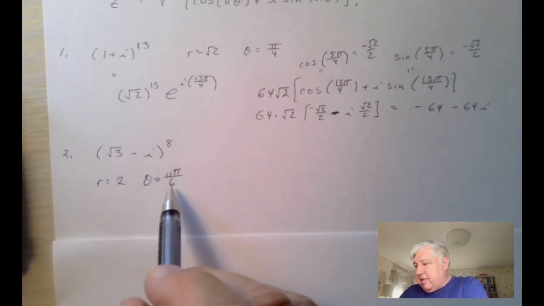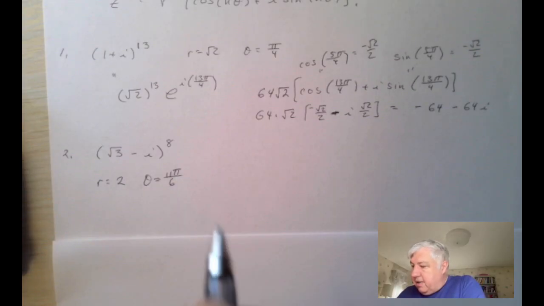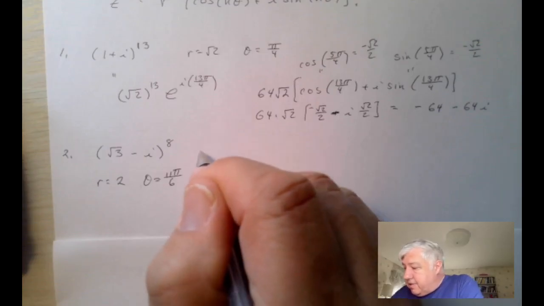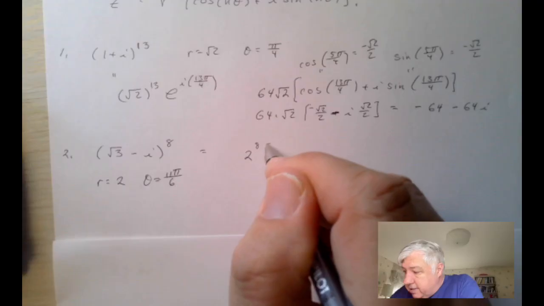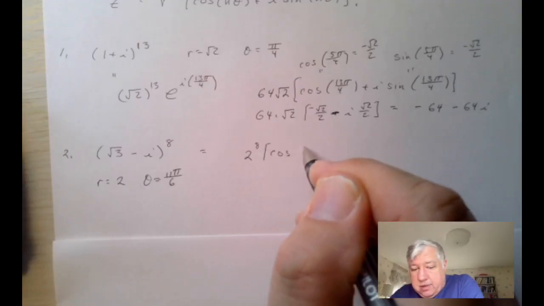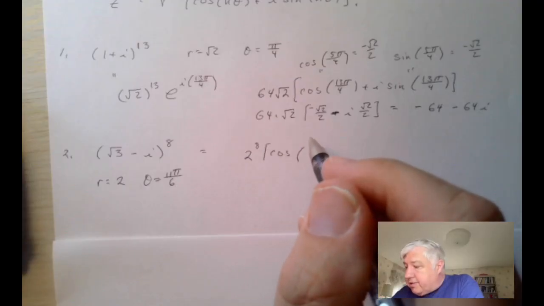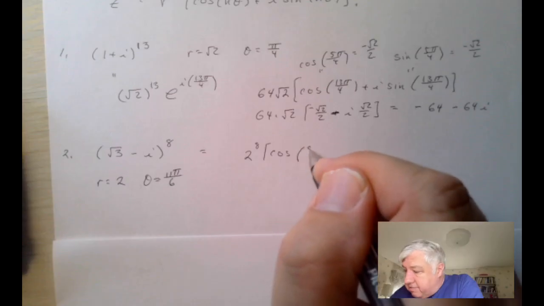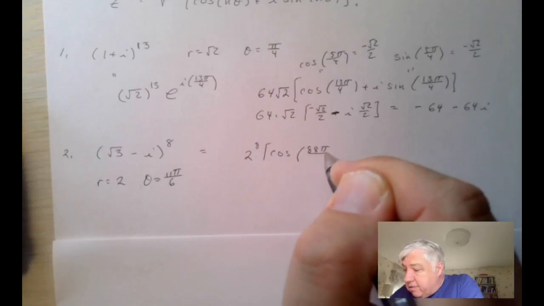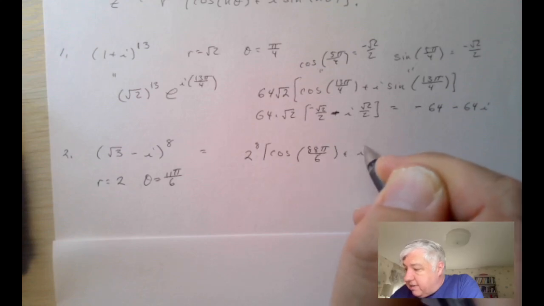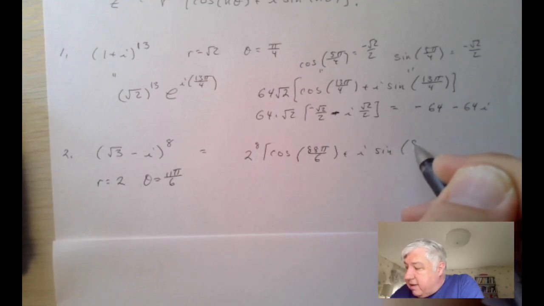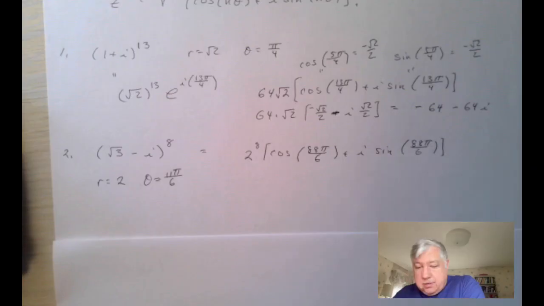But let's keep 11 pi over 6 here. And so this is going to be 2 to the 8th power times the cosine of, okay, so we're multiplying 8 times 11, so this will be 88 pi over 6 plus I times the sine of 88 pi over 6. Okay.